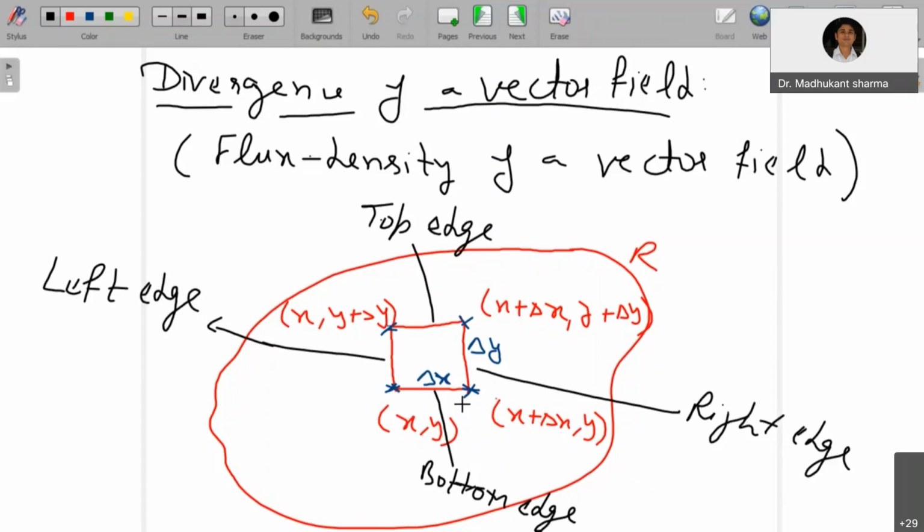The rate at which fluid leaves the rectangle across the bottom edge: you have to look at the outward normal to this edge. The outward normal is in the direction of y, but in the negative direction of y, and the edge has length delta x.